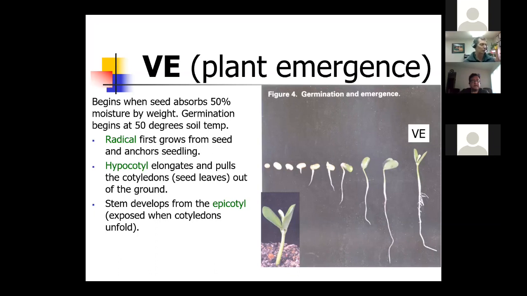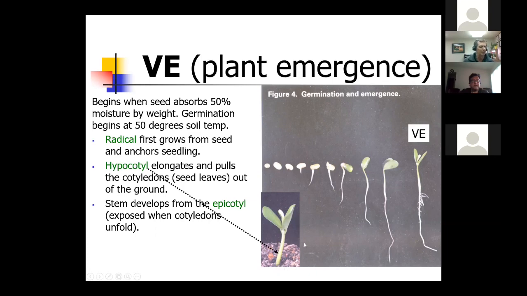So the radicle, the main root comes out, and then the hypocotyl will soon after start elongating, and that'll pull the cotyledon leaves or seed leaves out of the soil. And so the growing point at that time is all above the soil. There's nothing below the soil.